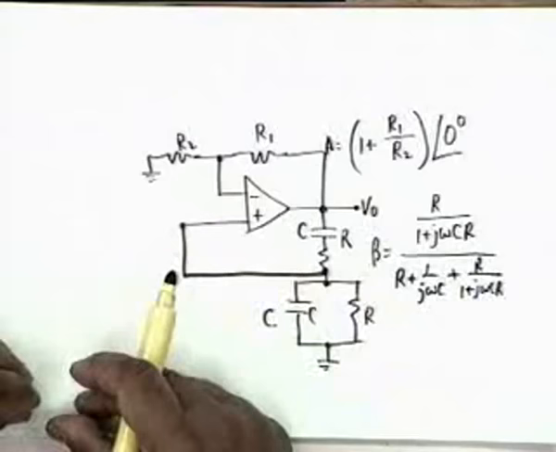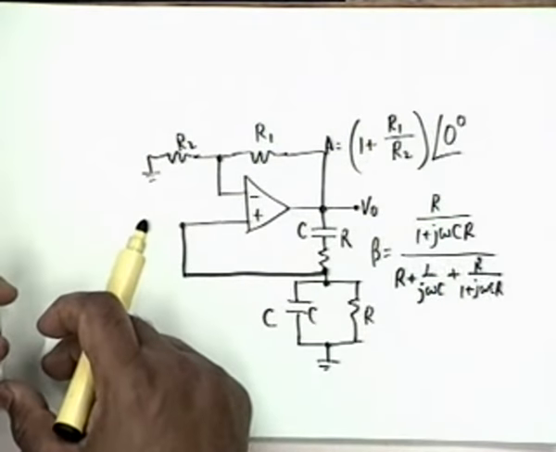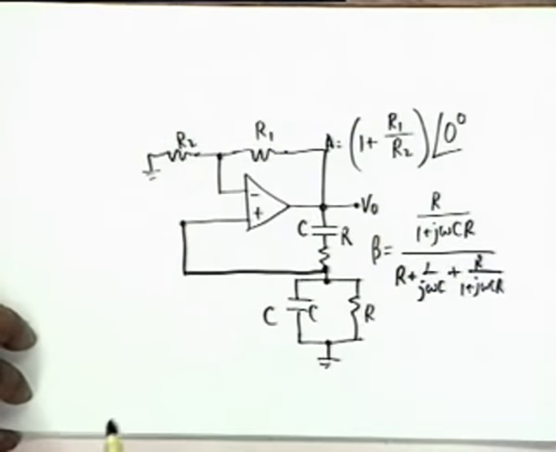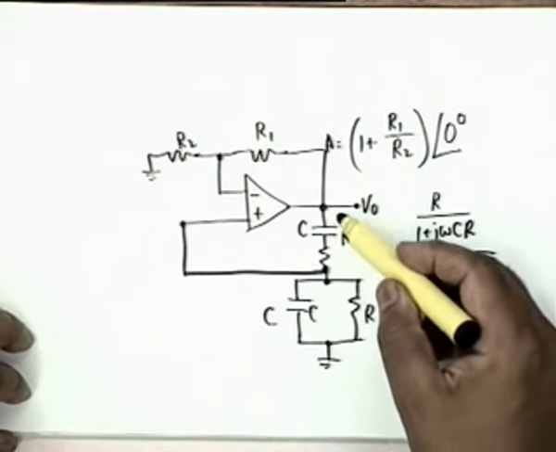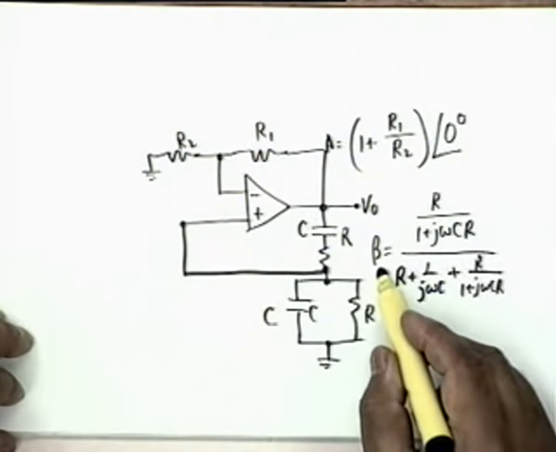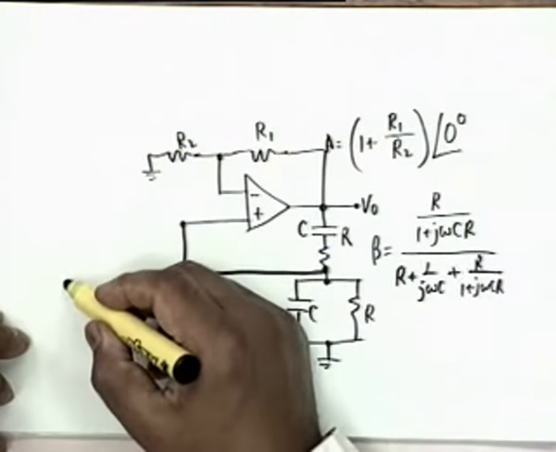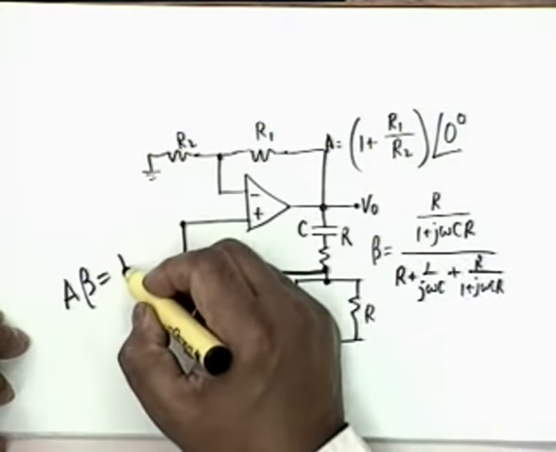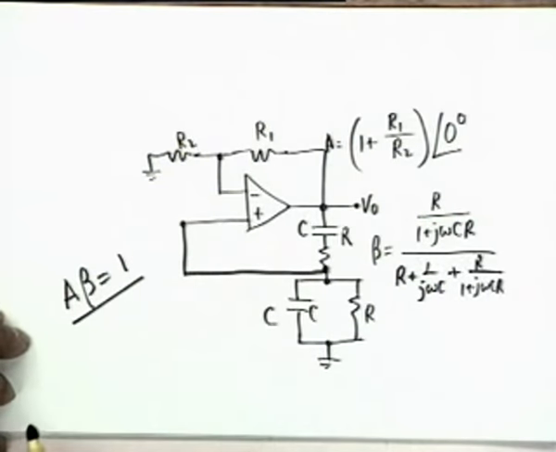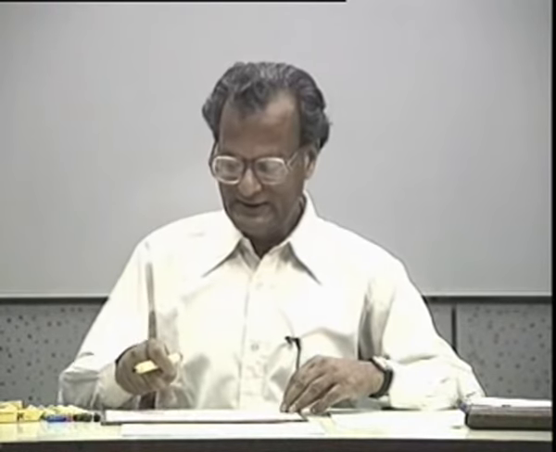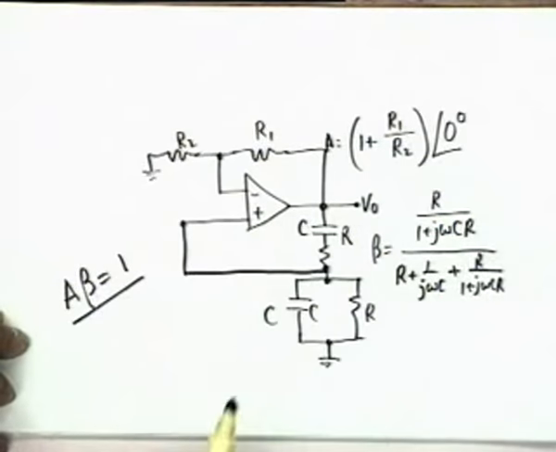Why did I put this R and C? This is to produce oscillations at a specified frequency. The beta network, beta now is a function of omega, and the Barkhausen criterion, A beta equal to 1, has to be satisfied at a single frequency. Then only we get sinusoidal oscillation. That selection of frequency is done by this.